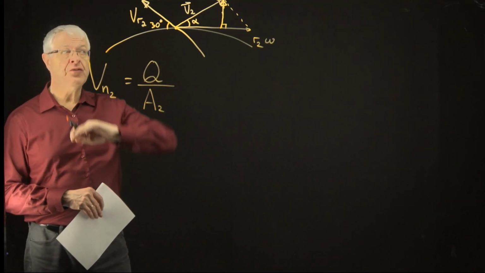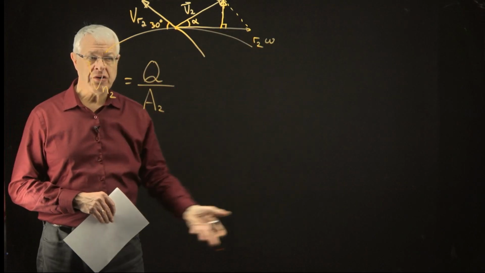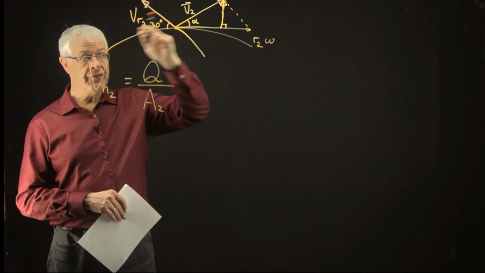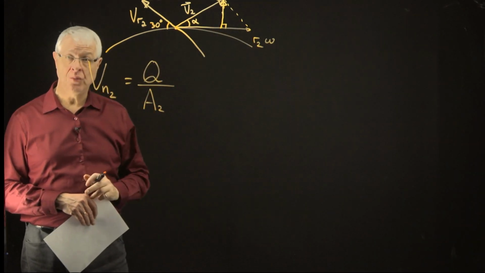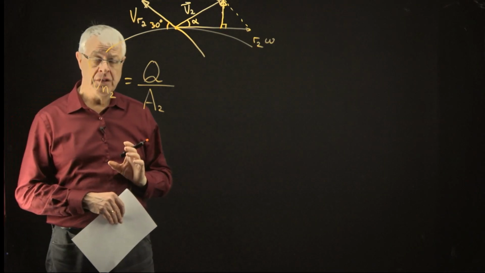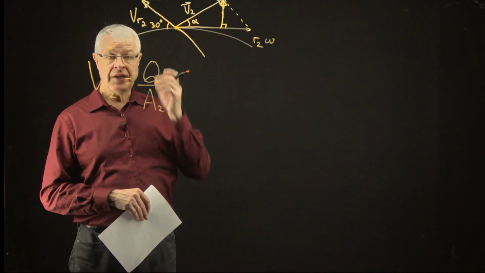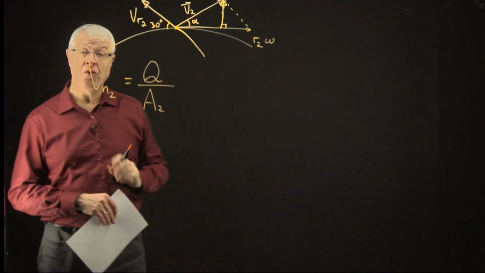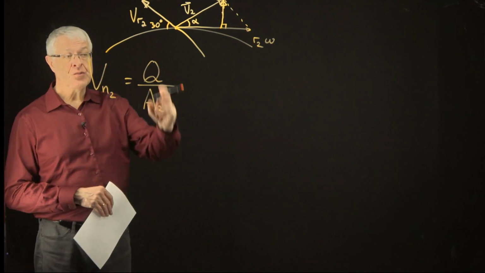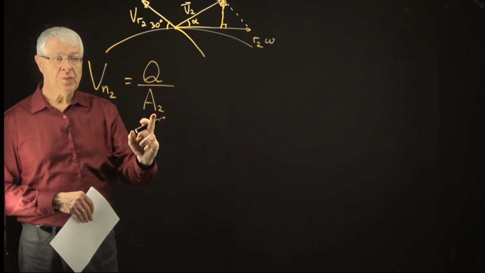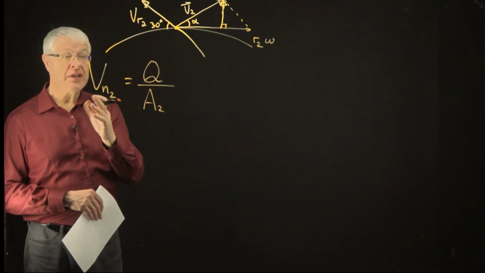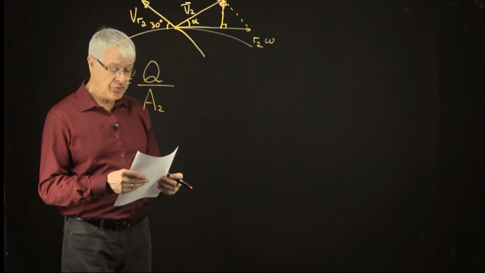And again, uniform flow assumption, so our area is just a cylinder. Its circumference is twice pi times the radius of the outer edge of the impeller, and its depth is B2, 4 centimeters in this problem. So we know our volume flow rate, and we know this outer area, so we can get that velocity from those two things.